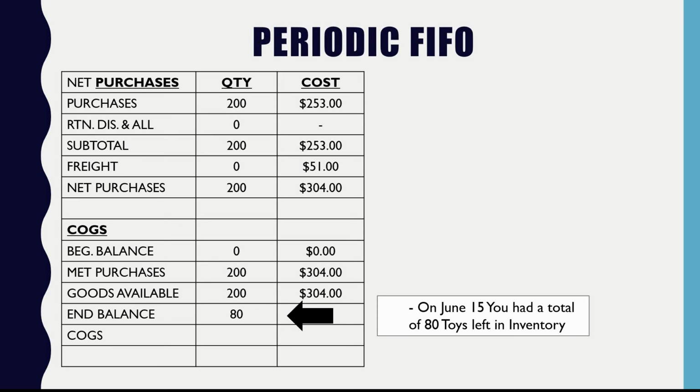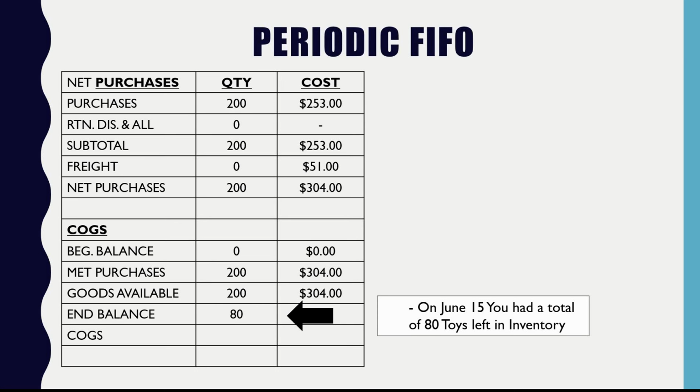That's going to be called ending inventory. So at the end of the month, here we have June 15th, where we split it every 2 weeks. On June 15th, your inventory manager told you that you had 80 toys left on hand.